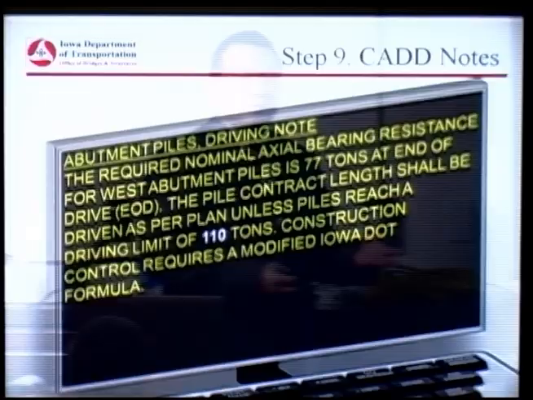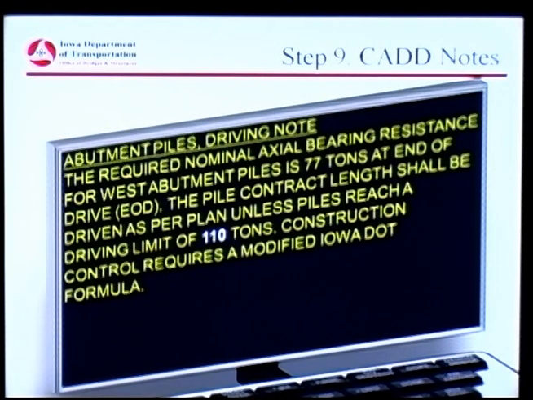The next one, most important for construction control and verifying pile performance during construction, is what we call the driving notes, which shall be put on the construction plan. The required nominal axial bearing resistance for west abutment piles is 77 tons at the end of driving. So whoever reads the plan, contractors, inspectors, supervisors, or engineers, they know that we need to achieve 77 tons at the end of driving.